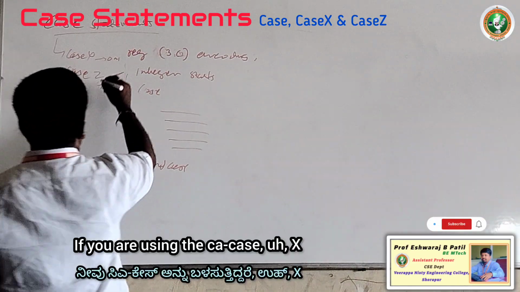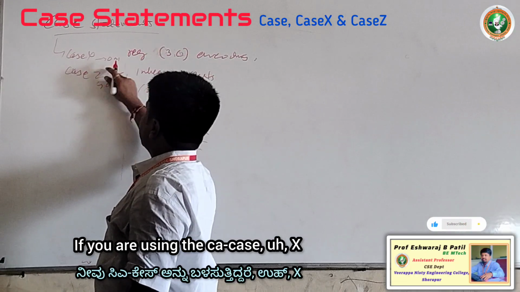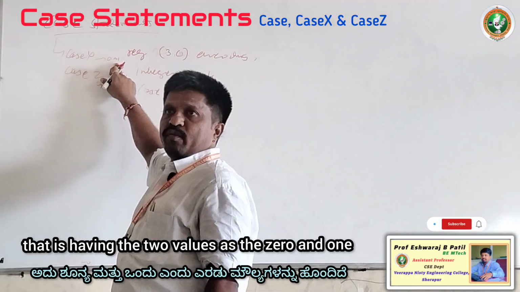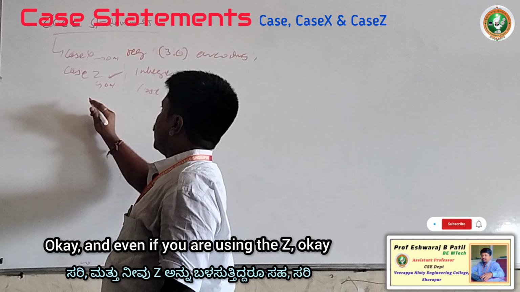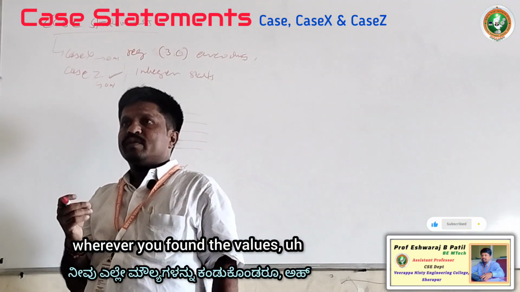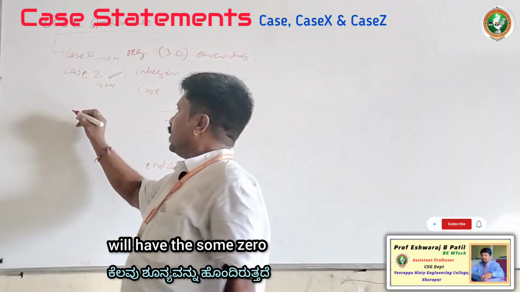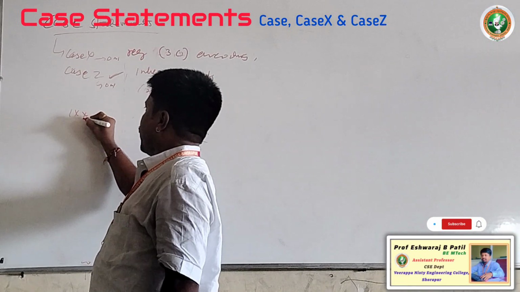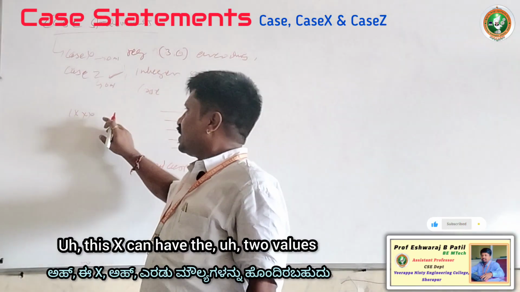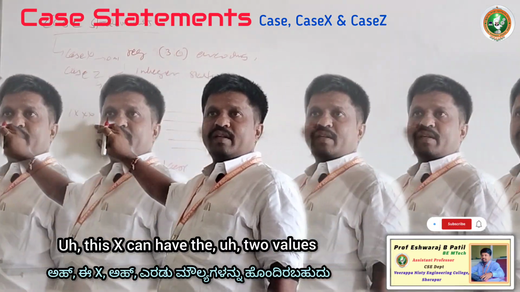If you are using casex, it has the values 0 and 1, and wherever you find values with some 0, 1, X, this X can have two values, either 0 or 1.